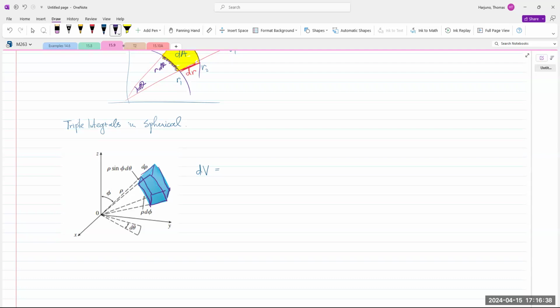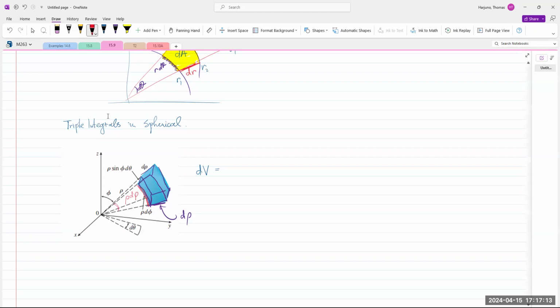First, what is the length here? The length here is d rho. Next, what is the length here? The length here is rho d phi. Why rho d phi? Because it is the change of the angle phi multiplied by the distance from the origin.